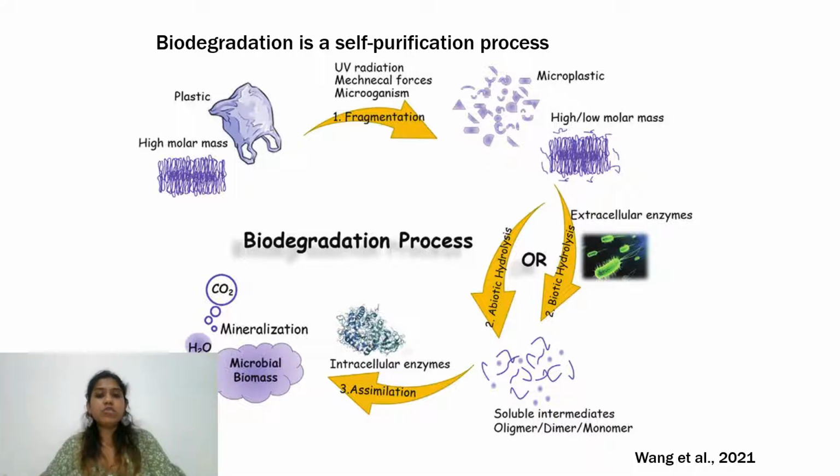Even if it is too thin, it'll be difficult for any forces to act on them. If they are too thin, they'll just stay there without being cut up, because it should be of appropriate thickness and appropriate micron sizes, so that they'll be acted upon by these various forces.